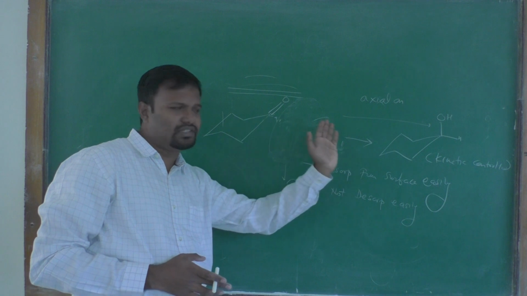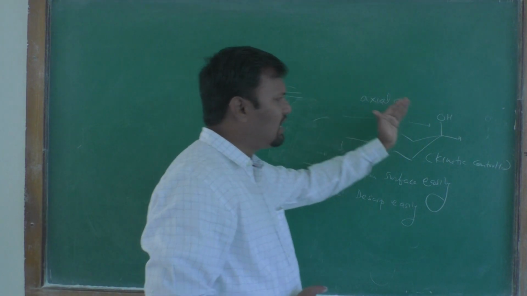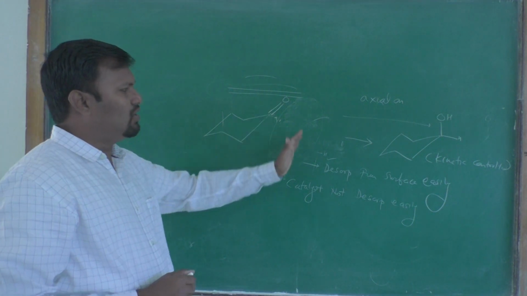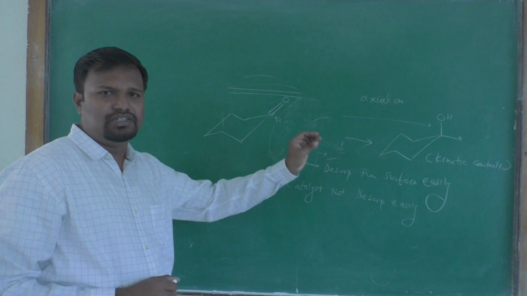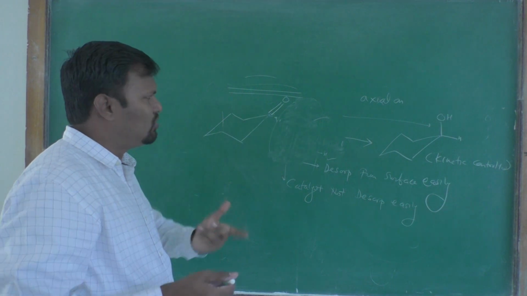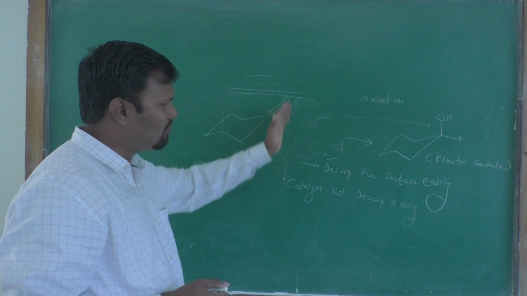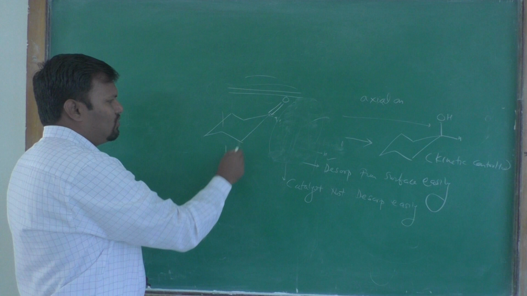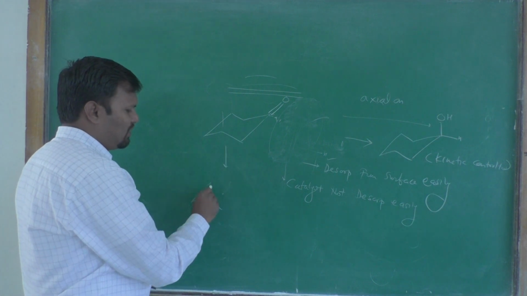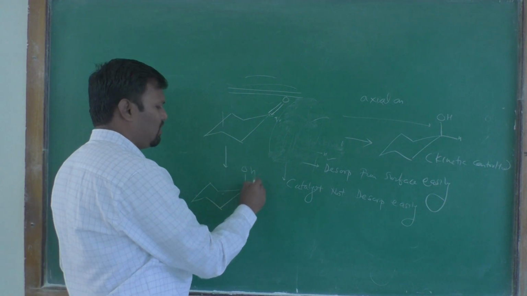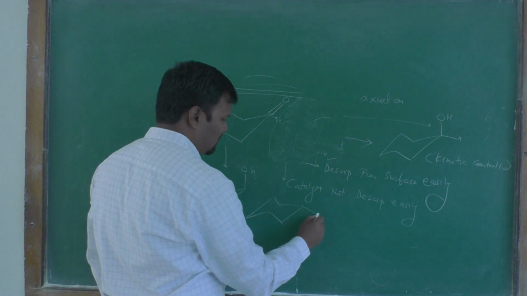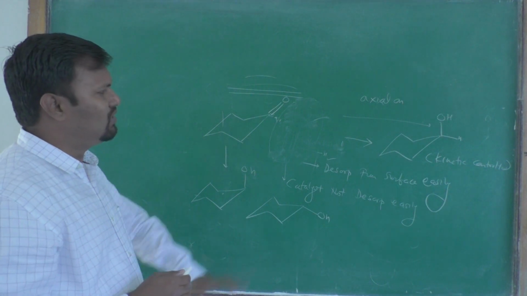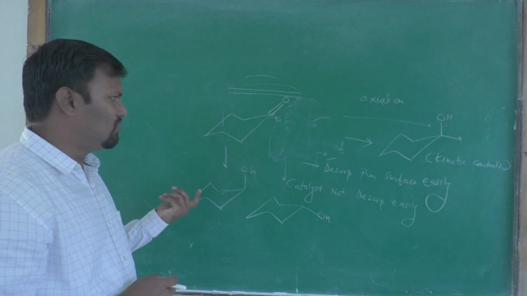Okay, if the reaction goes fast, it definitely gives the axial hydroxyl group. But if there is prolonged entanglement and the catalyst does not leave the surface, then it may change, and it may come from the other side. That chance is there. Therefore, you will obtain some axial product and some equatorial product, because of the prolonged attachment of the catalyst with the substrate.